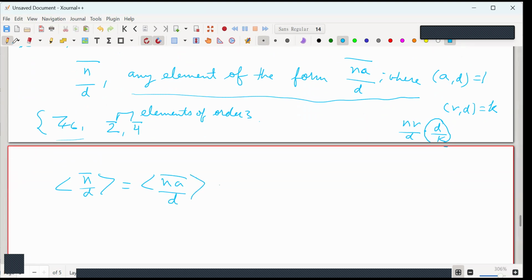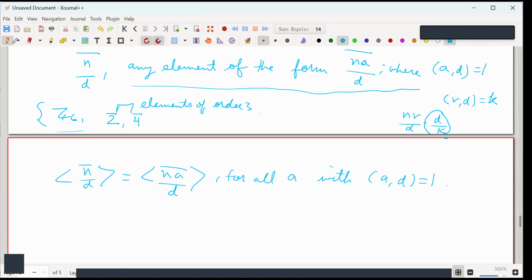So this is the same for all a with gcd of a and d equal to 1. Whatever generator of order d you pick, you are anyway going to get the same subgroup. That's why the subgroup is unique.